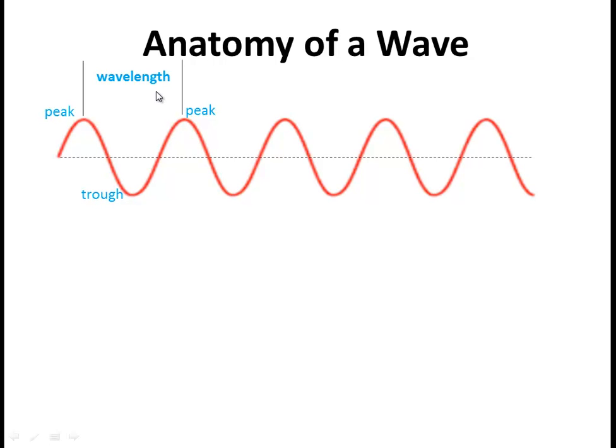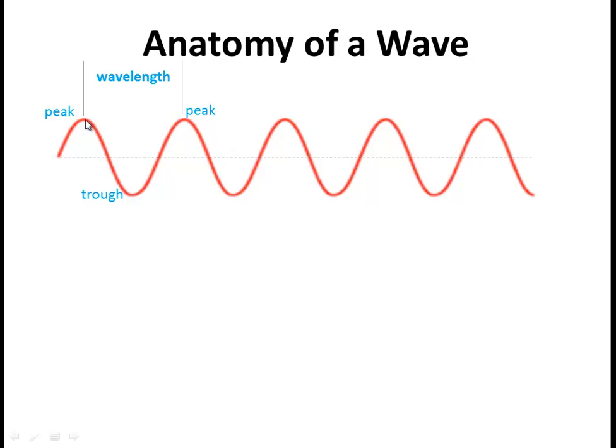And one very important feature of a wave that we will be dealing with a lot in the next week or so is the wavelength. The wavelength of an EM wave tells you a lot about the energy and the frequency of the wave. And the wavelength is defined as the distance between two adjacent wave peaks.